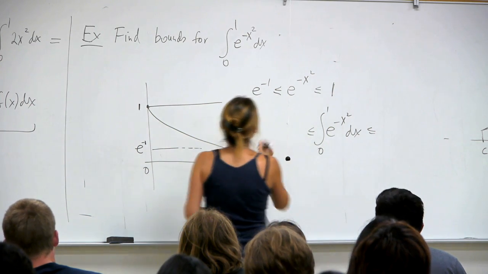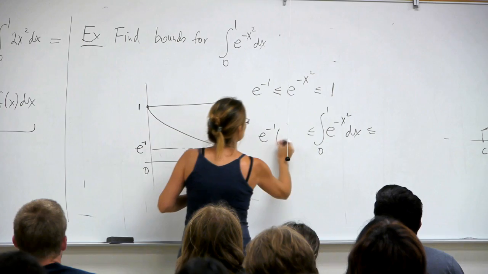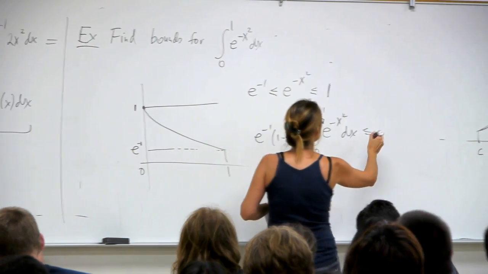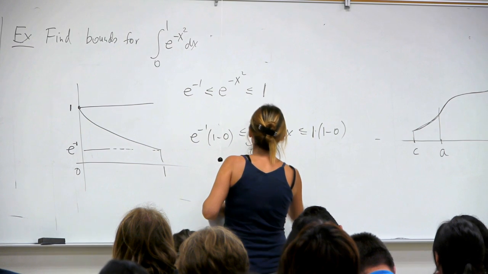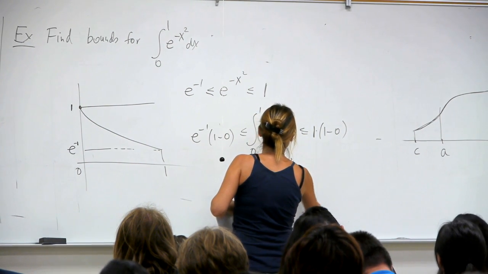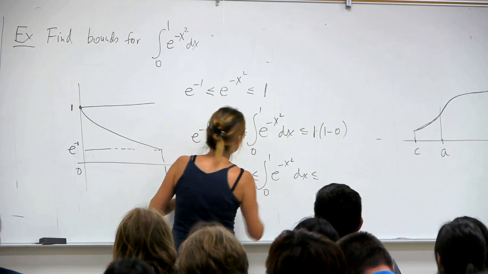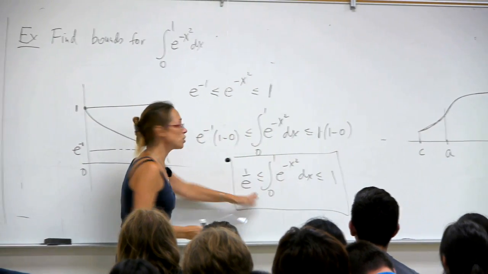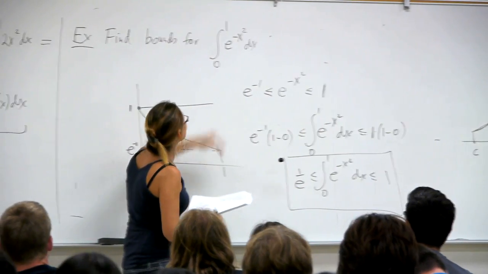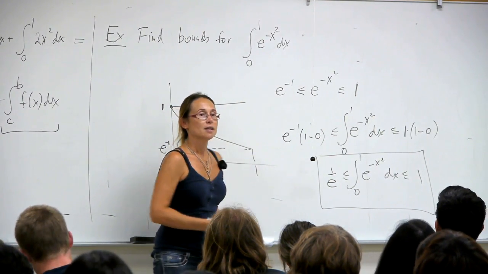On the left, I'm going to have e to the minus 1 times 1 minus 0. And on the right, I have 1. So to conclude, I know that this integral is between 1 over e and 1. And this is much more information than I get by just looking at this, right? Thank you very much.